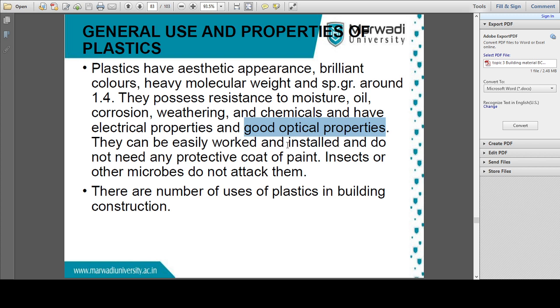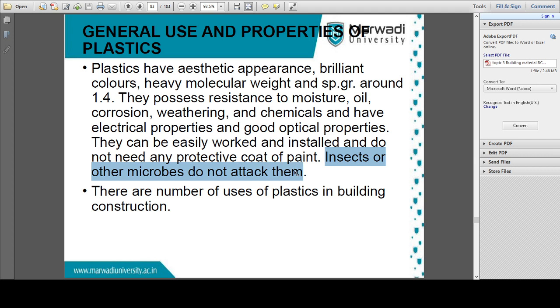It is also easy to use and install and does not need any protective coat of paint, because it doesn't corrode, it doesn't have a weathering effect, it doesn't have chemical reactions, right? So it is very easy, we don't need any protective coat of paint. And insects and microbes also have less attack on plastic.